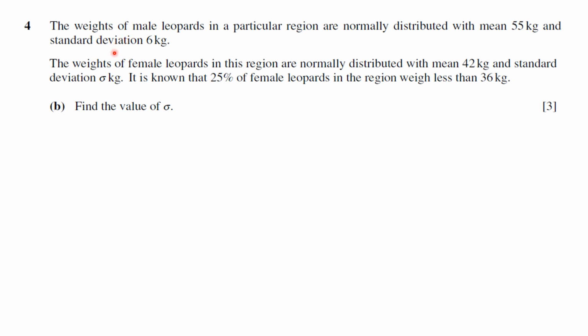So it says the weights of female leopards in this region are normally distributed with mean 42 kgs and standard deviation sigma kgs. It is known that 25% of female leopards in the region weigh less than 36 kgs. Find the value of sigma, or the standard deviation.